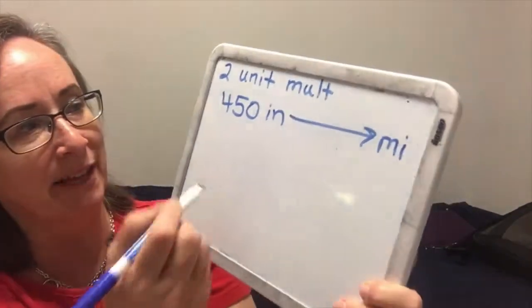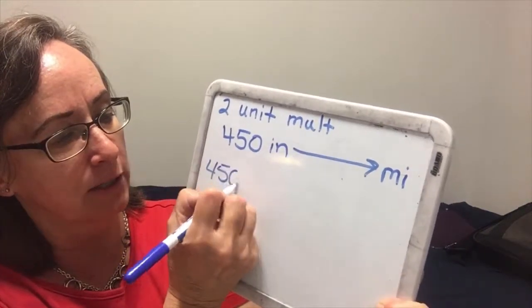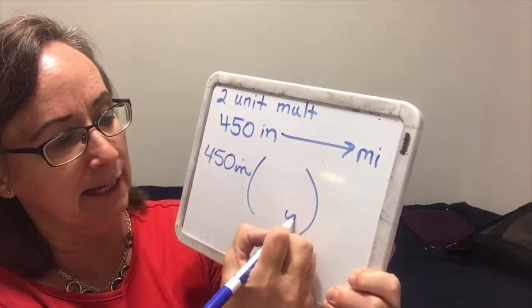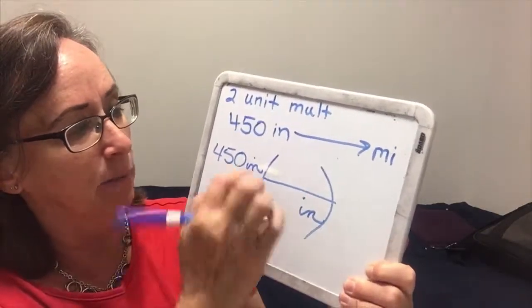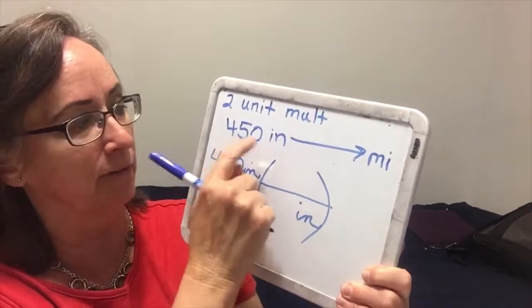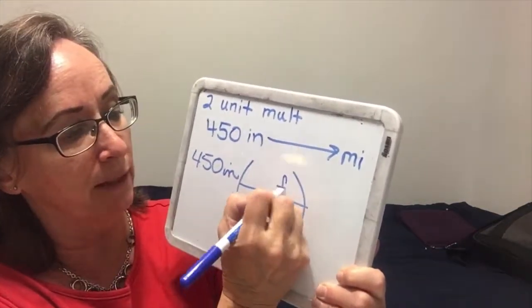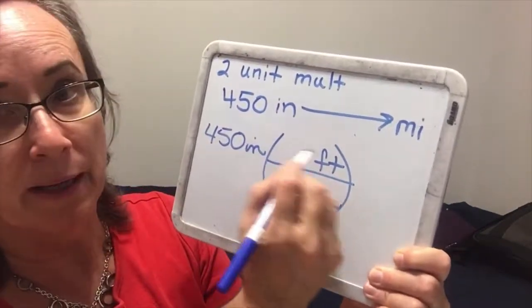So hopefully you've done that. So we've got 450 inches, and we're going to multiply it by something that has inches on the bottom because we want inches and inches to cancel. And we're trying to get to feet because we know how to get from inches to feet and then from feet to miles. So we're going to put feet on the top because that's what we want to go to. We're going to now make this true.